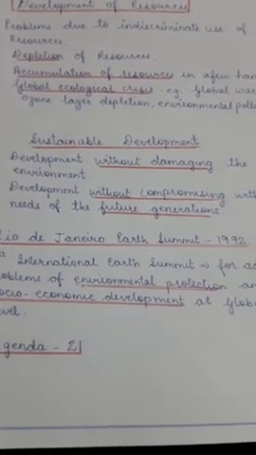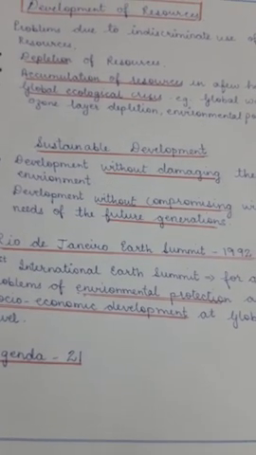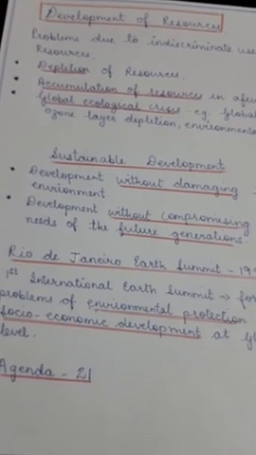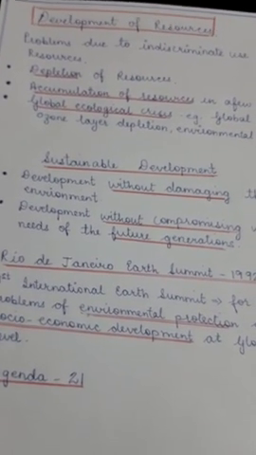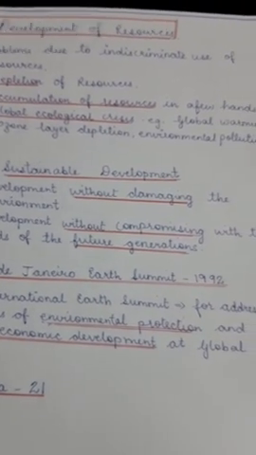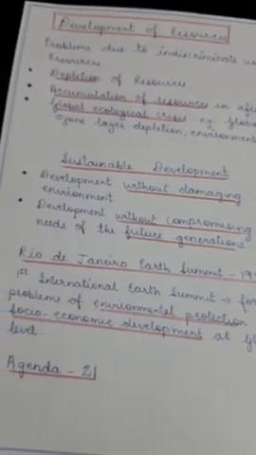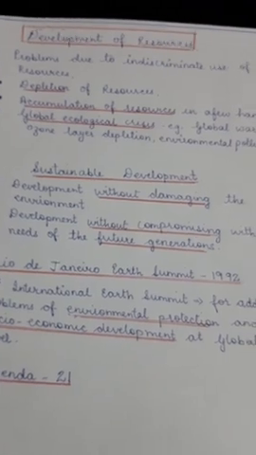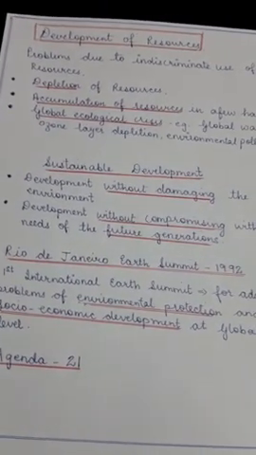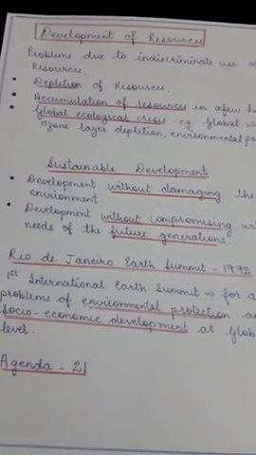So in 1992, an Earth Summit was held at Rio de Janeiro, which was the first international Earth Summit, and it was for addressing the problems of environmental protection and socio-economic development at global level.